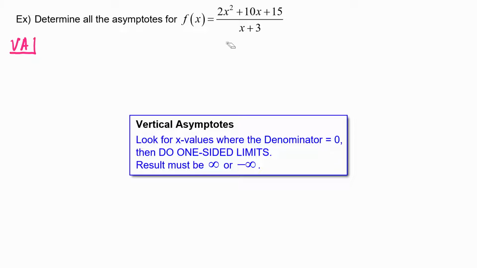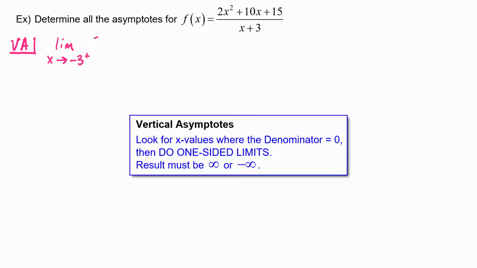For this function, x equals -3 is the x value of interest, so let's do a one-sided limit. We can go limit as x approaches -3, and we could either say from the right or from the left. I guess we'll do from the right.